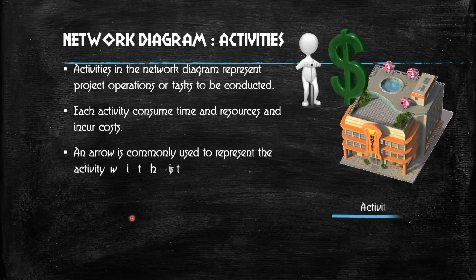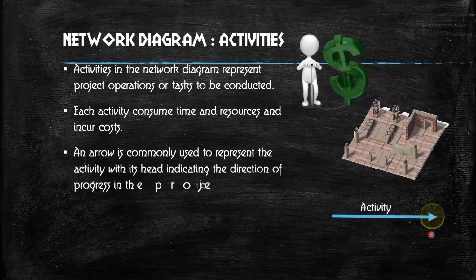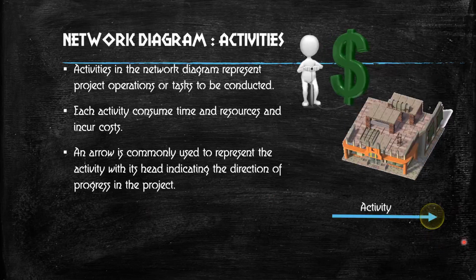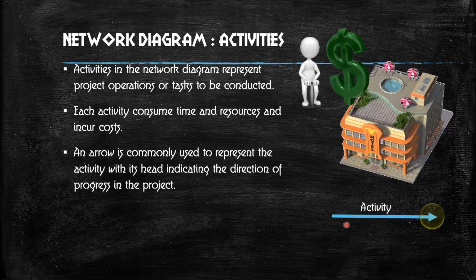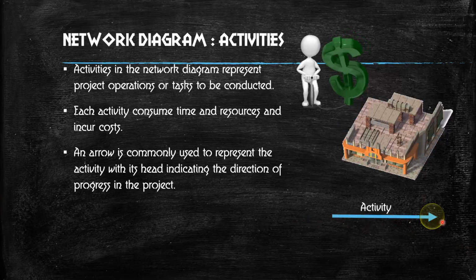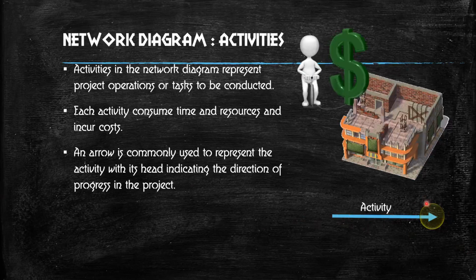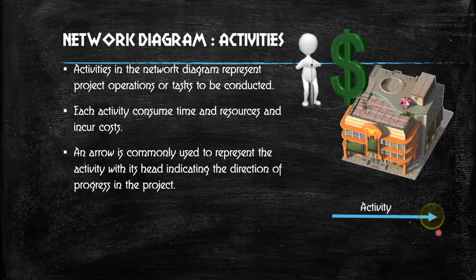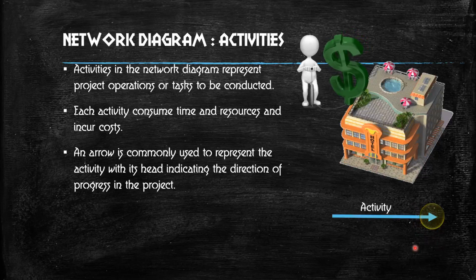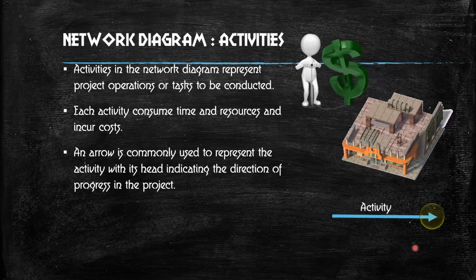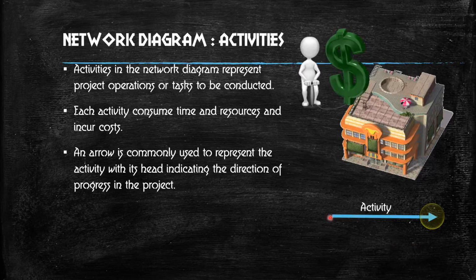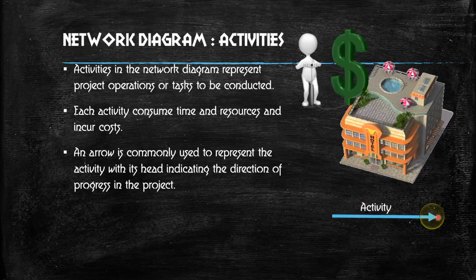An arrow is commonly used to represent the activity, with its head indicating the direction of the progress in the project. I have sometimes noted that some of my students, when they work out this problem, fail to draw this head.